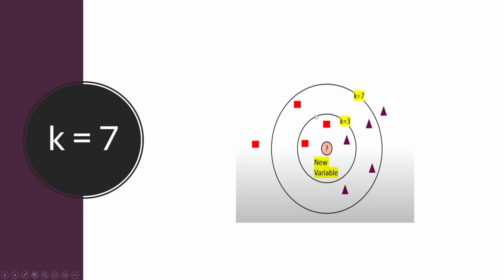As there are two types of data, rectangular and triangular, the model predicts the majority one. From this, the model returns triangular. So we can see that whenever our k is different, the output is also different.